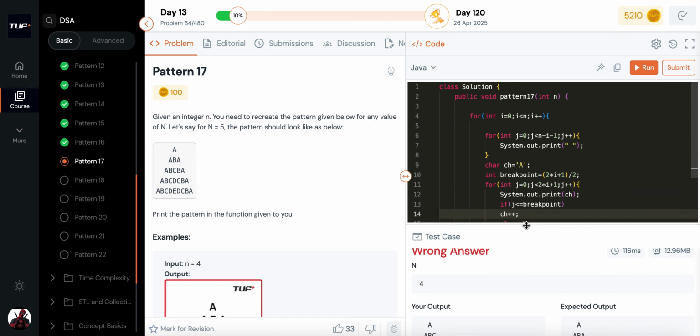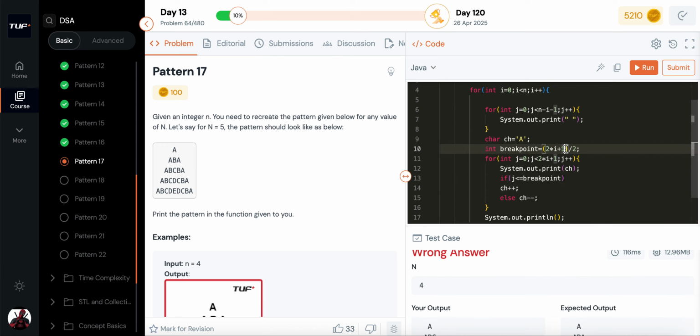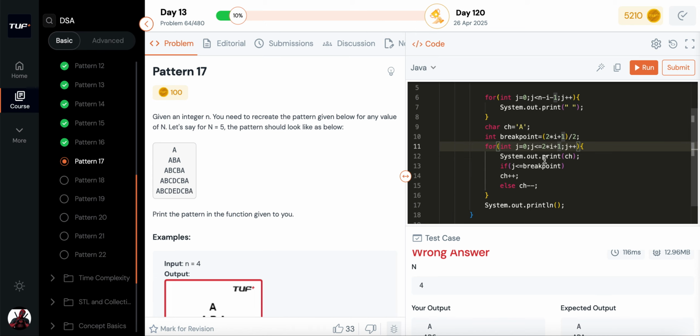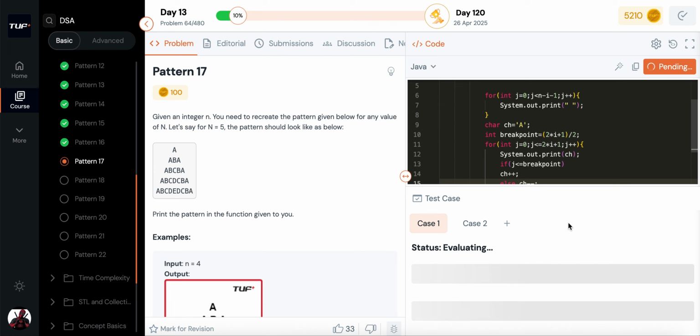I did some mistake here. 2 into i would be 0, so 0 less than 0 was not getting printed, and hence this decrement was not running for the first term. So let me check it again.